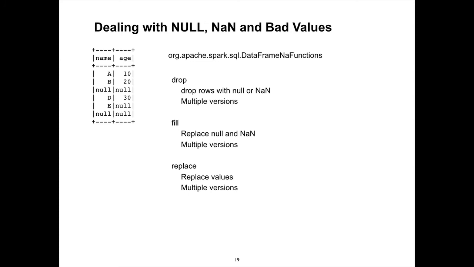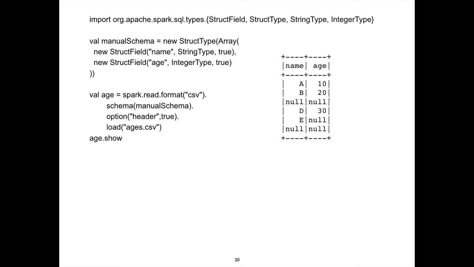Fill is where we're going to take nulls and nans and replace them with a value, and replace is used to replace not just nulls and nans, but other things. So again, using my example, I'm going to read it in. I'm going to get all these nulls.